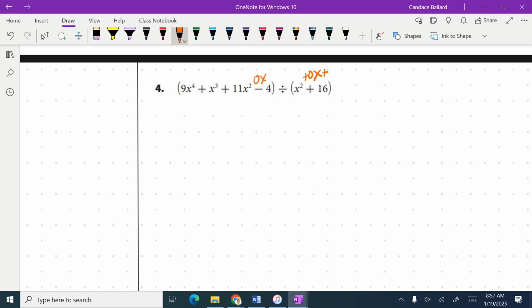So here's what I want you to do. I want you to try the long division from beginning to end on your own. You know you've got these missing parts, right? So see what you can do with it. Remember to leave yourself some space at the top to write it. Everybody try it.